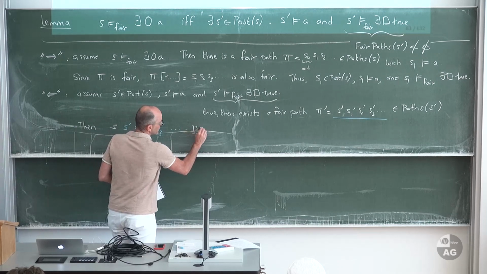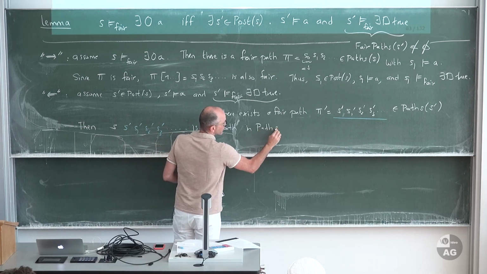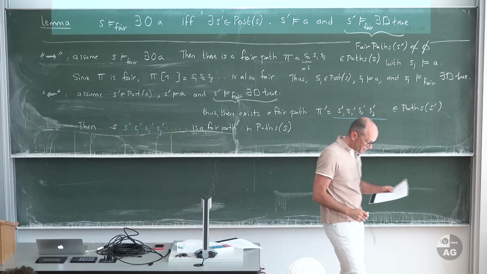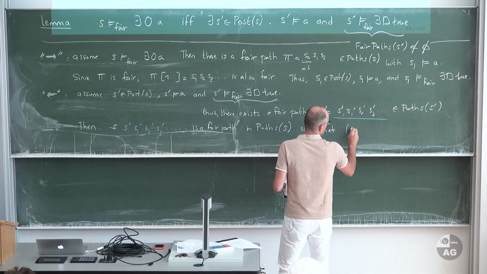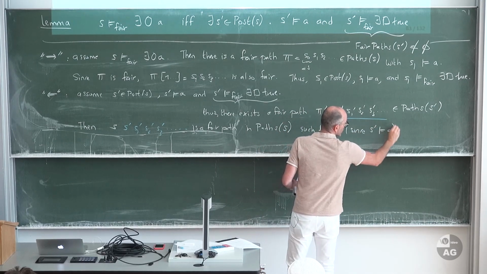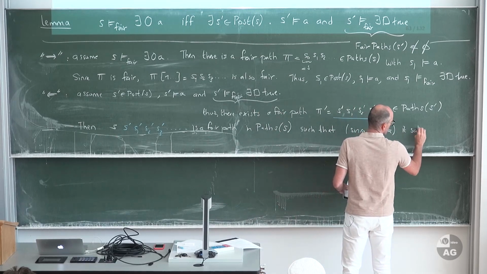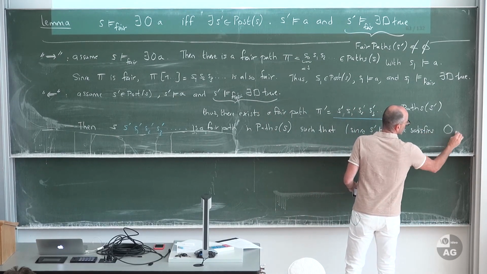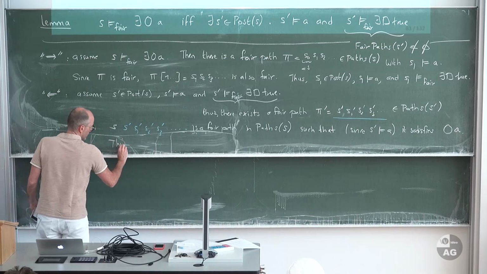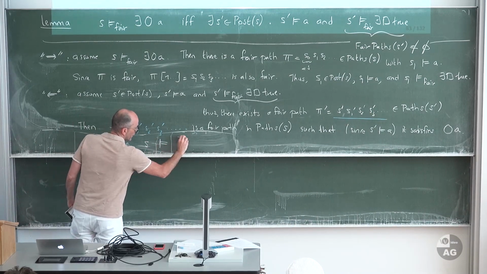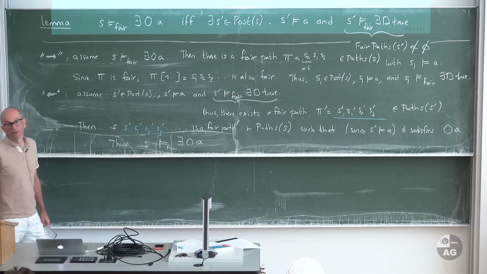Then this is a fair path in paths of S, such that, since S prime satisfies A, this path satisfies next A. Thus, S satisfies there exists a path next A, and it also has at least one fair computation that satisfies this.